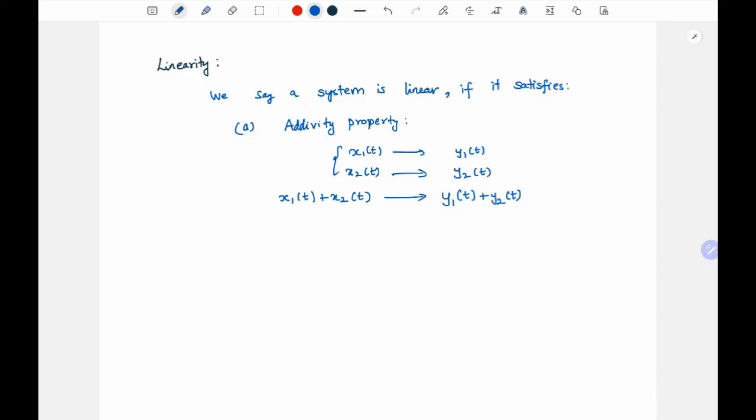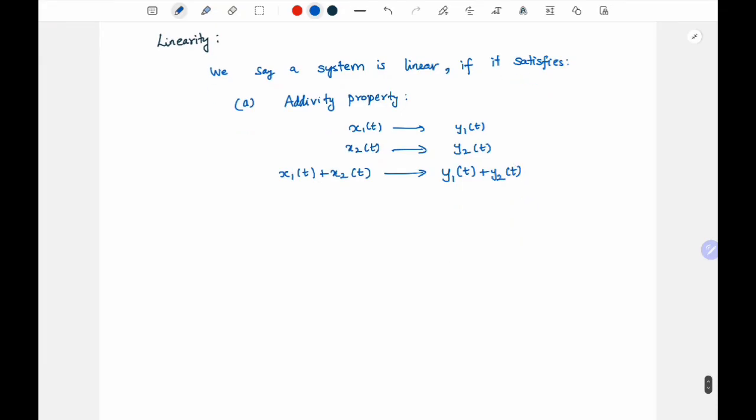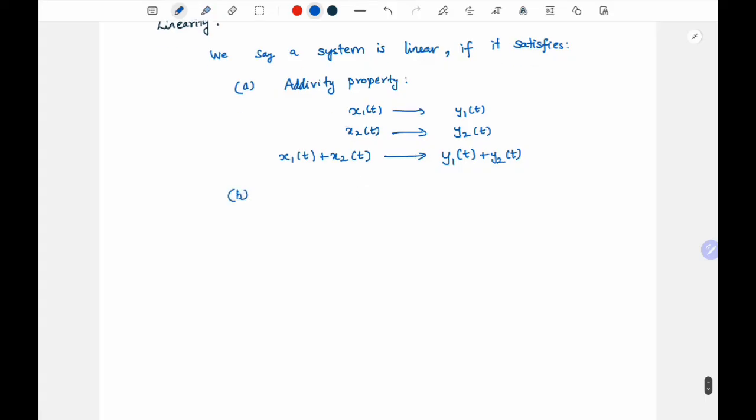This is not just for two signals. Even if you have n number of signals, here also you should have the sum of n number of outputs. But it is sufficient to show it for two signals. The second property is the homogeneity or scaling property.